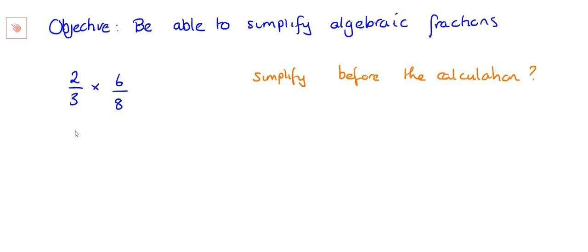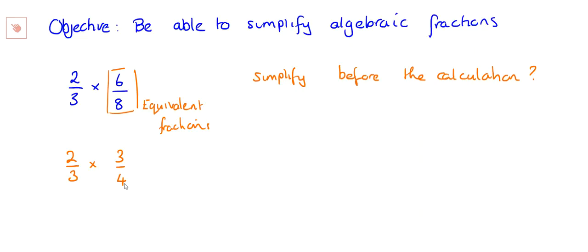Okay? So we could simplify this one, and what's it called? We are doing an equivalent fraction. So we're looking at equivalent fractions there. So we can change it already to 2 over 3 times 3 over 4.